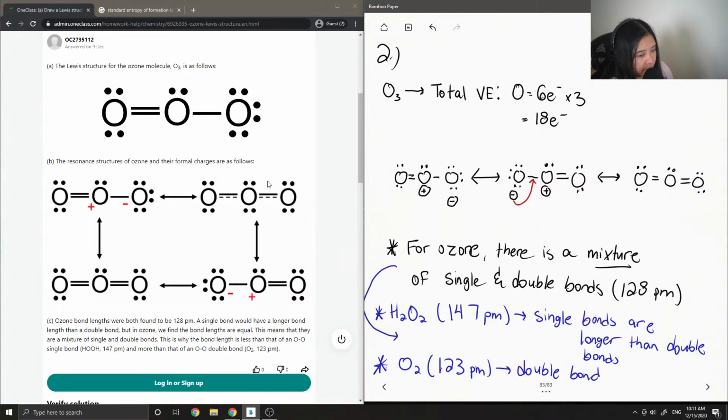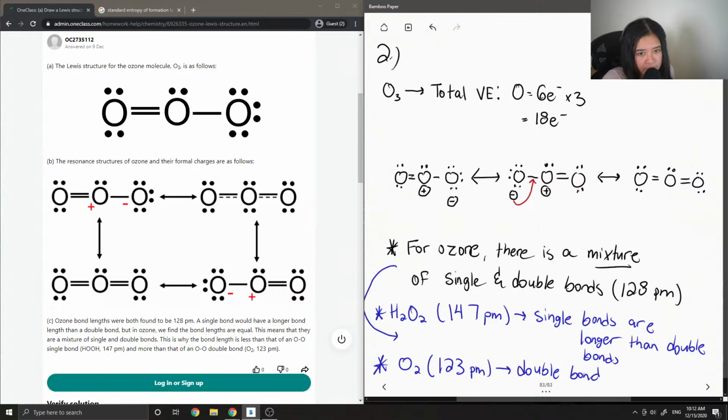They also included, maybe I should have also included, a resonance structure kind of in the middle, showing that you could have a partial double bond as well.